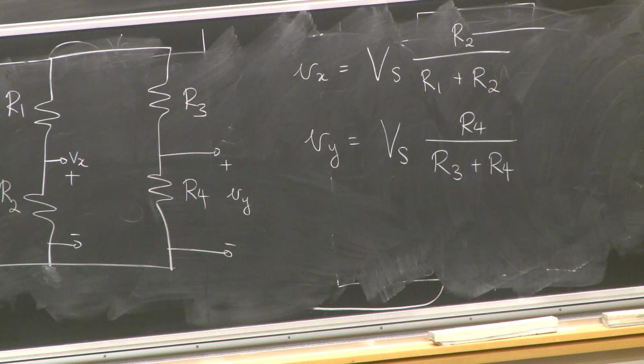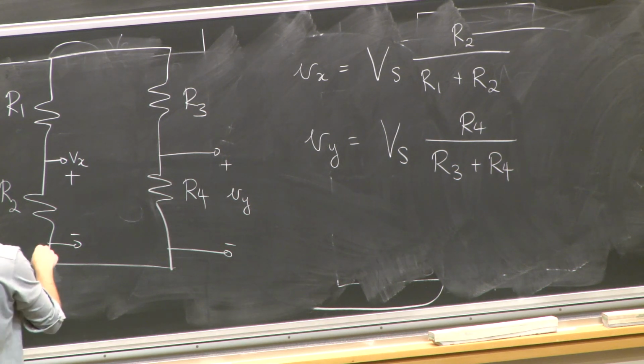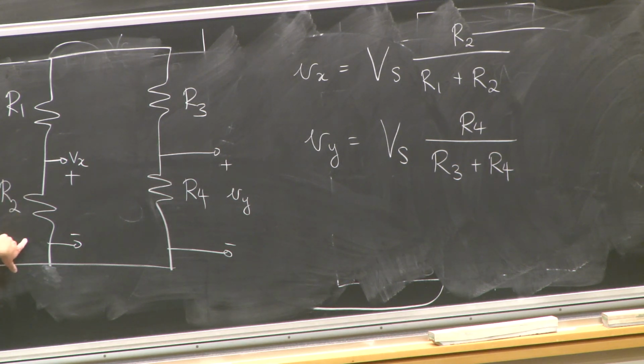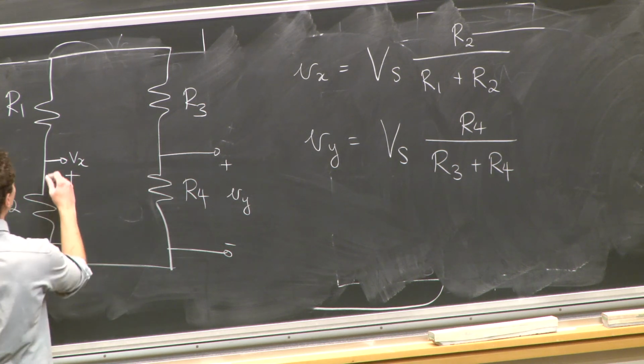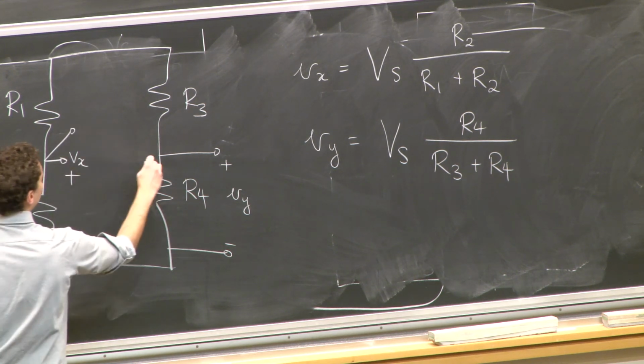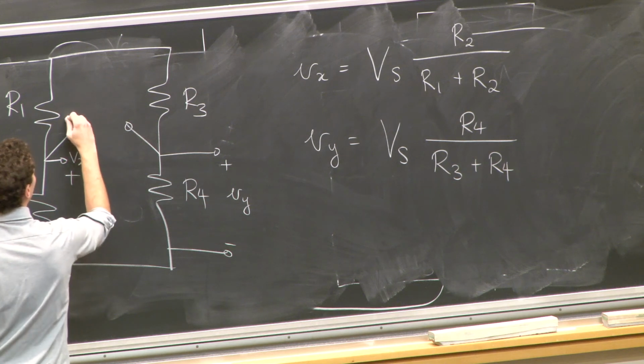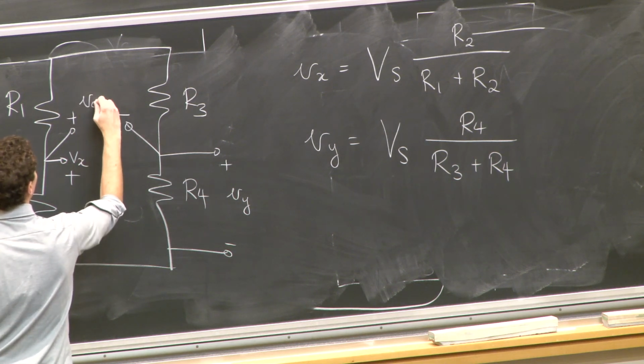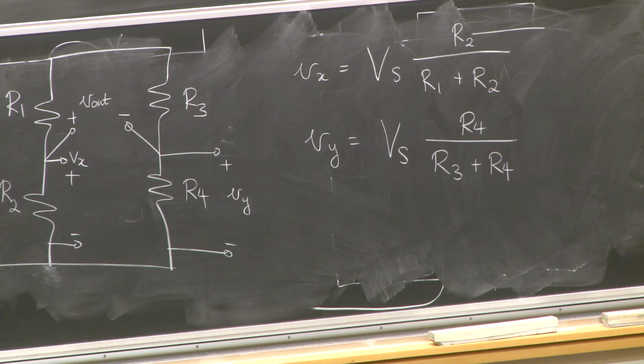Now what if I want to find, from my original problem, V out, meaning the voltage between, rather than Vx to ground, Vy to ground, I want to find this voltage V out.